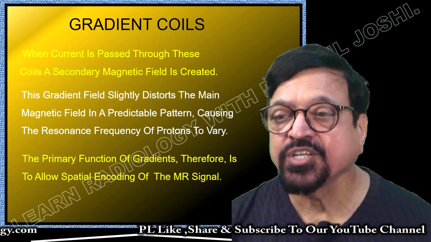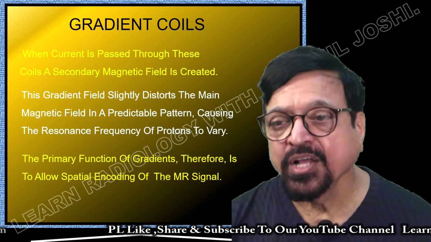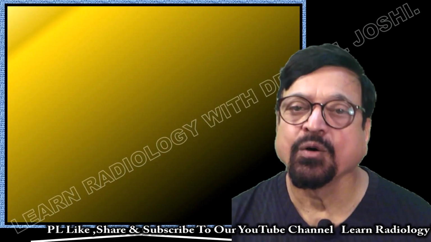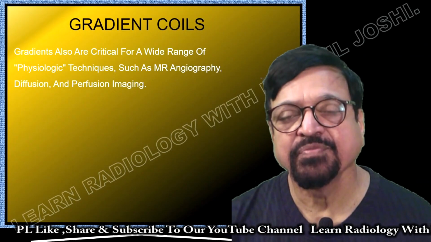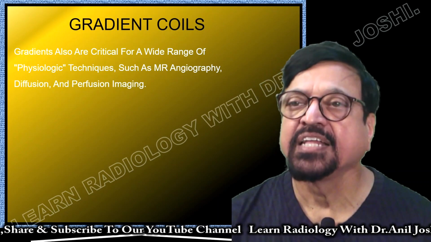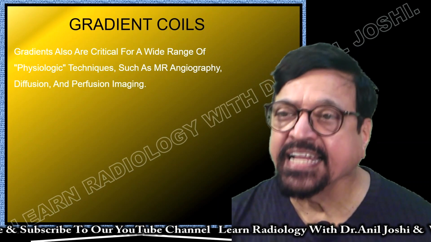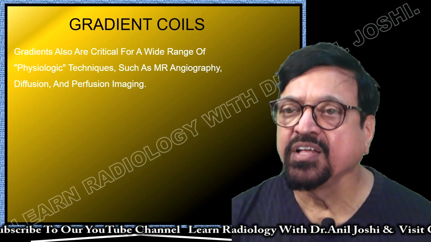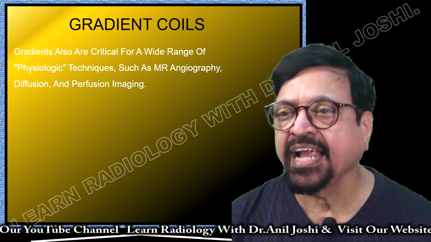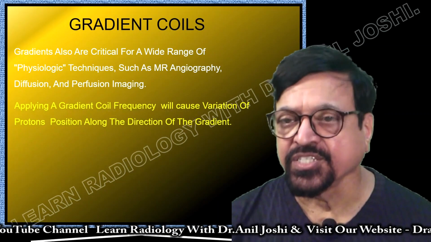The primary function of gradients, therefore, is to allow spatial encoding of the MR signals, and how they are used in different sequences is already covered in some other lectures. The gradients are also critical for a wide range of physiologic techniques such as MR angiography, diffusion and perfusion imaging.